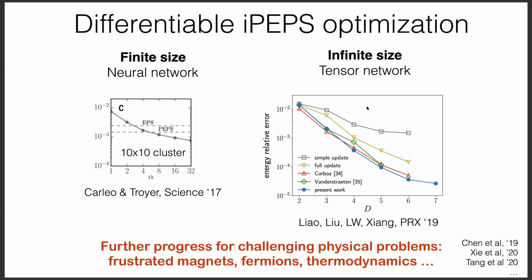So they are orthogonal, but at the moment, I think the second approach still has lots of potential to really deliver new insight in very interesting physics. After this paper, there were some other developments for frustrated magnets, fermions, and thermodynamics, and so on. So this is differentiable programming of tensor networks.